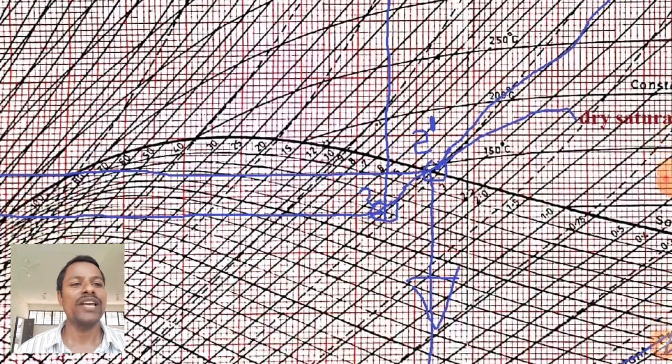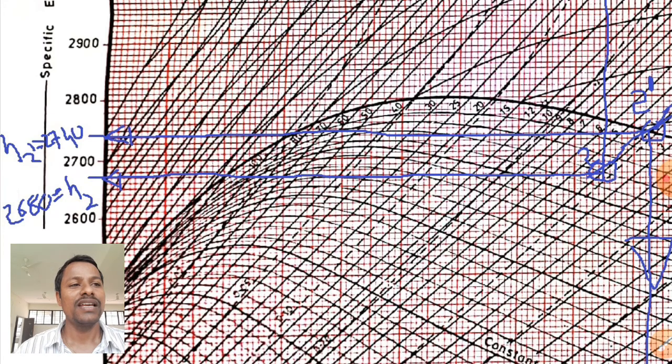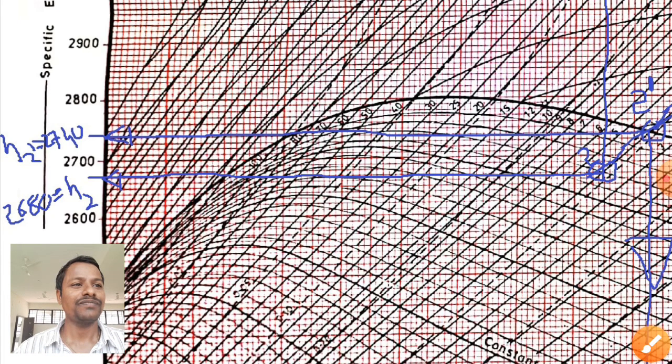So from 2 dash I will be able to get H2 dash, that is the enthalpy of the steam coming out of the steam turbine, that is bleed steam, as 2740 kilojoule per kg as H2 dash.